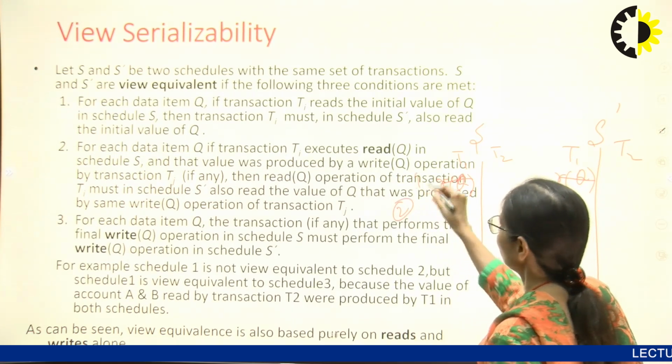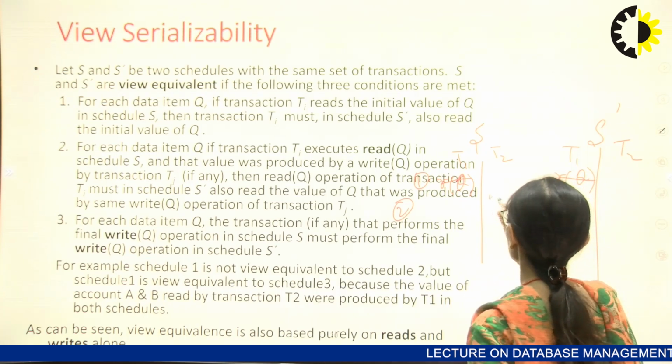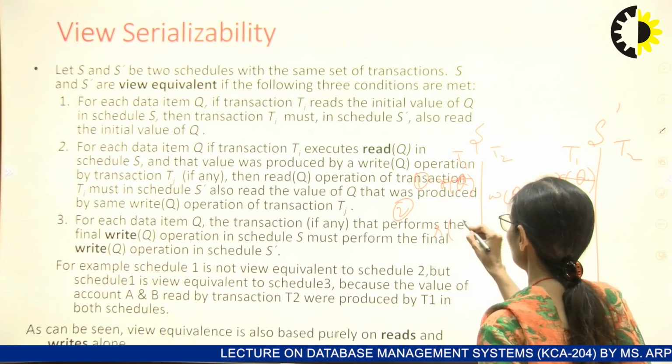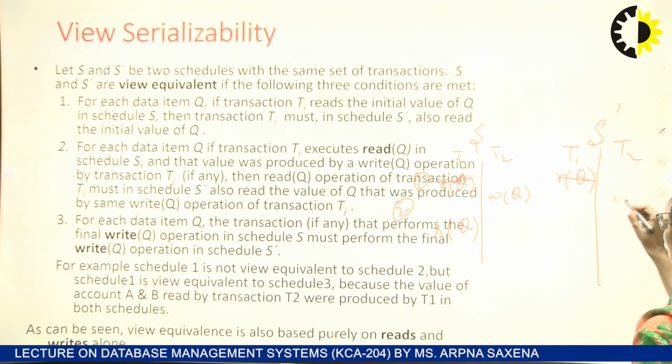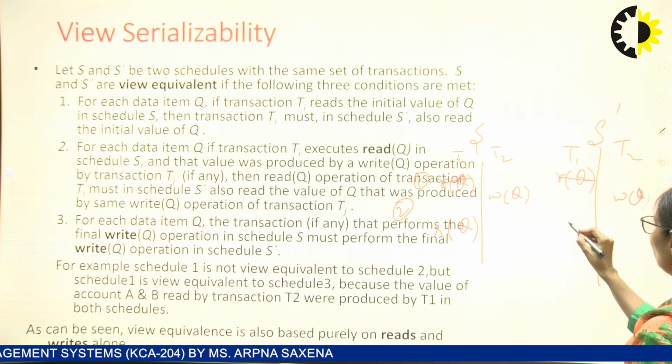This is my property 1, and what does property 2 say? If T2 has written something and T1 is reading that particular data item, then that sequence should also remain in schedule S dash.